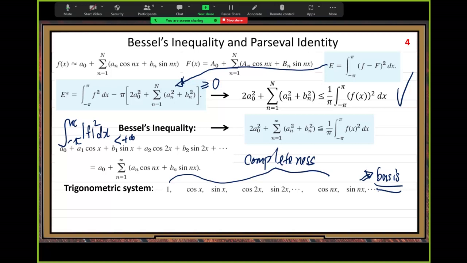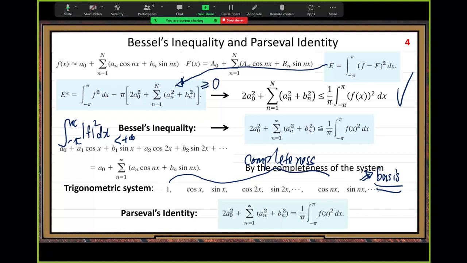Then based on that, Bessel's inequality can be improved to an identity, Parseval's identity, by the completeness of the system. How does it improve? As n goes to infinity, they are exactly the same, and the difference is zero. This identity can be proved, and it's an improved result.